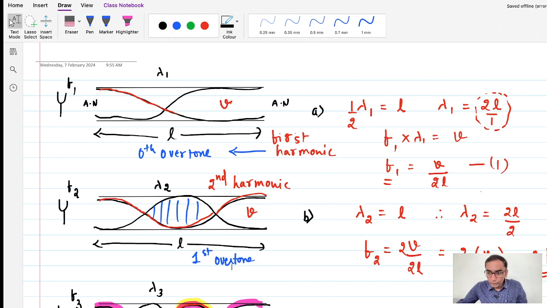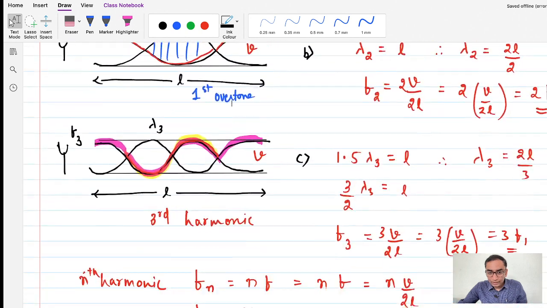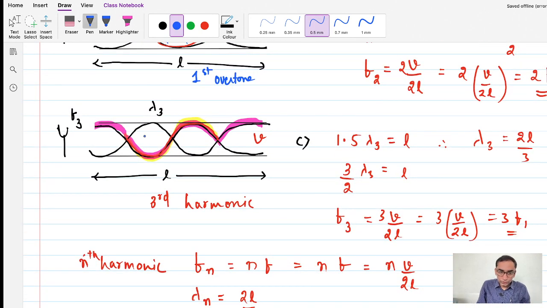In the language of music, by the way, the third harmonic has 2 loops. So, second overtone. In the same way, nth harmonic will be having one loop less. Third harmonic 2 loops, second harmonic 1 loop. So, nth harmonic is basically n minus 1th overtone.